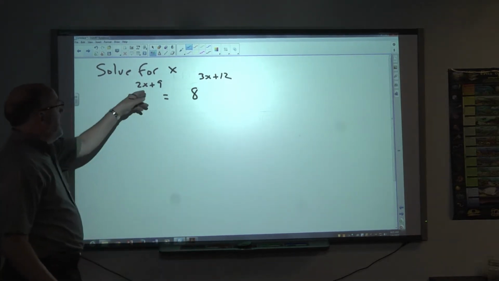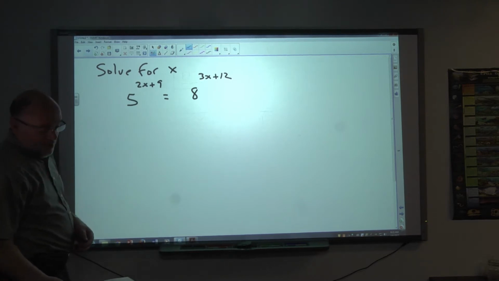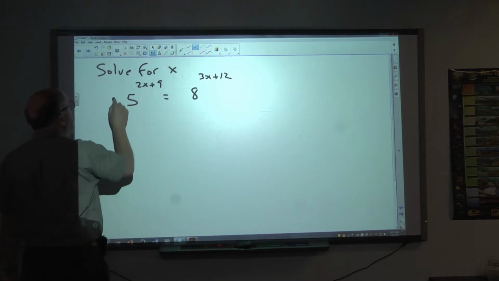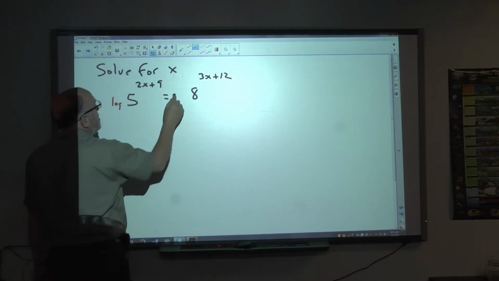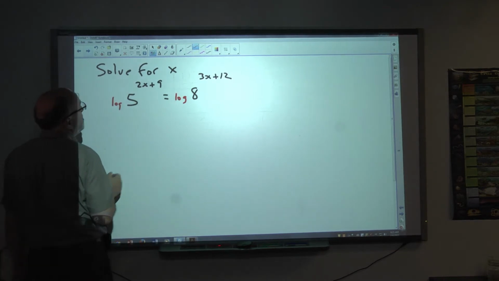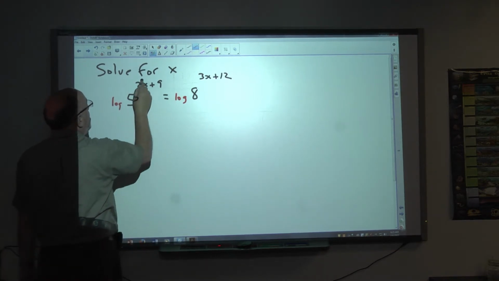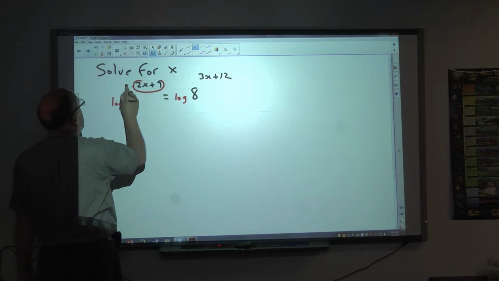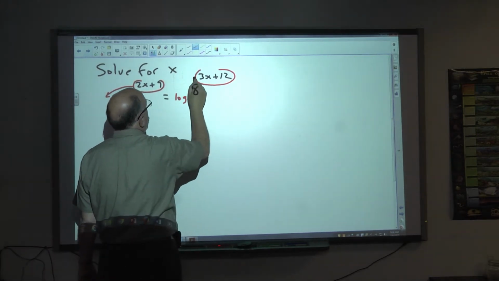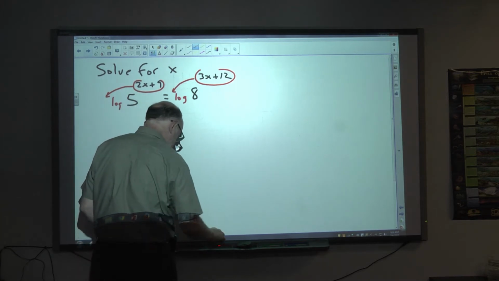Well, we want to get to our x, which is in our exponent. And so the way we get to exponents is by doing logarithms. And so we'll do log on both sides.